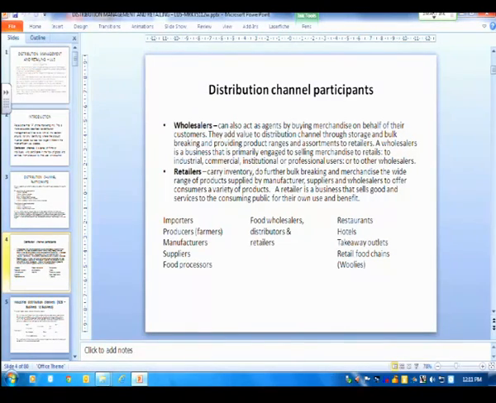Hence, we look at importers, producers who are farmers, manufacturers, suppliers, food processors. These would be like wholesalers, and we have food wholesalers, distribution and retailers, and then we have retailers like restaurants, hotels, takeaway outlets, retail food chains, for example, Woolies.